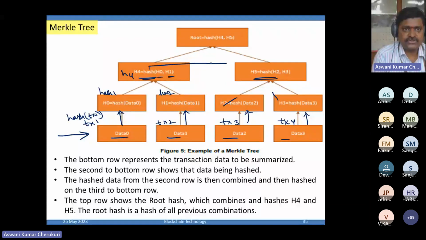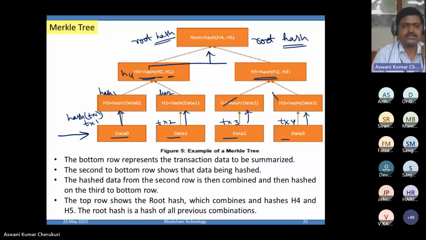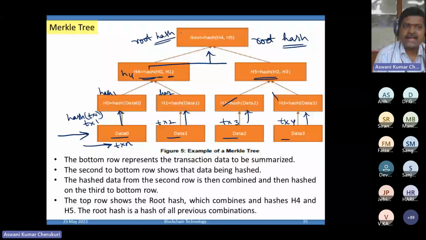Finally, the hash of these two hashes is the root hash. So the root node is the root hash. This is what is there in your block structure. At the bottom of the tree structure, you have transactions, and at the root is the hash of hashes.